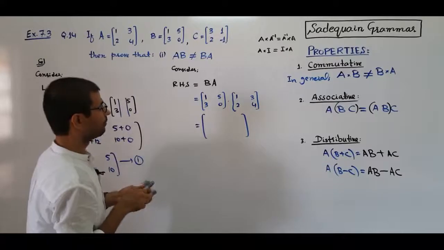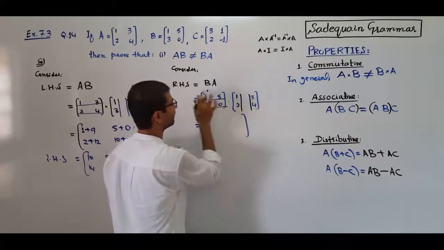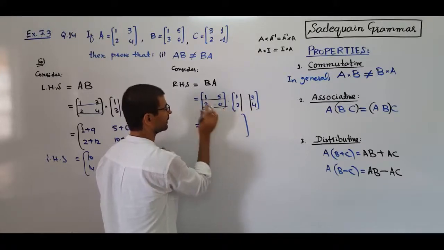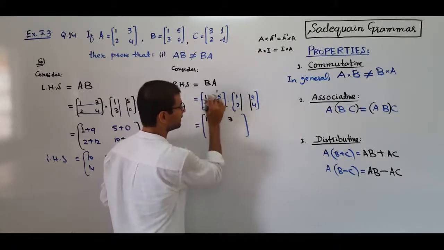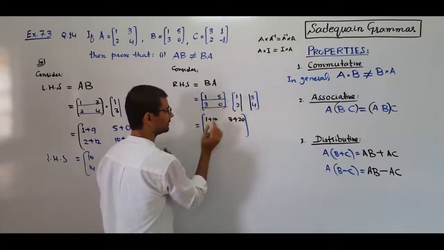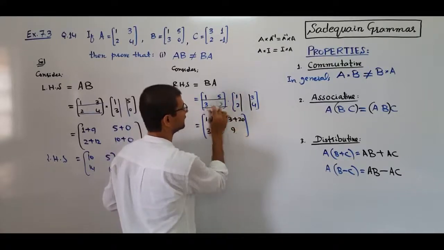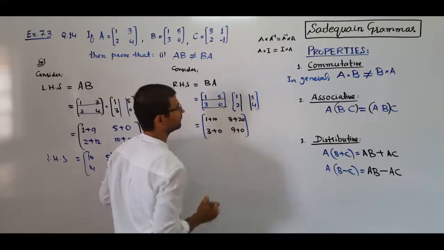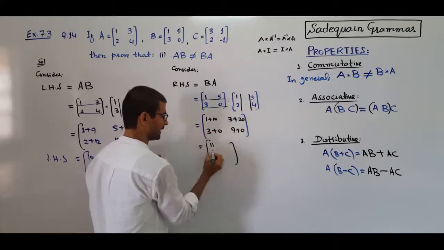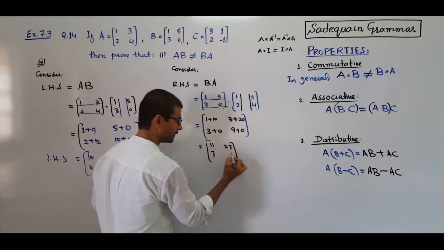Now multiply these two matrices, row by column. 1 1s are 1, 5 2s are 10, 1 3s are 3, 5 4s are 20, 3 1s are 3, 0 2s are 0, 3 3s are 9, 0 4s are 0. So we get 11, 3, 20, 3 and 9.